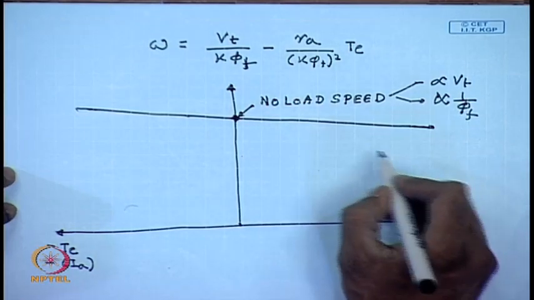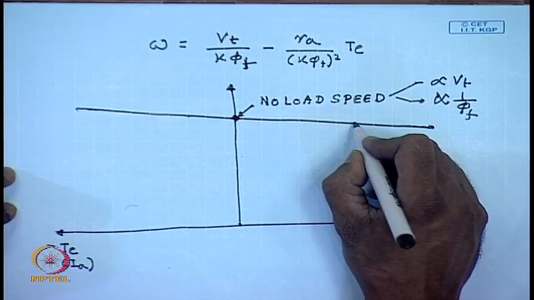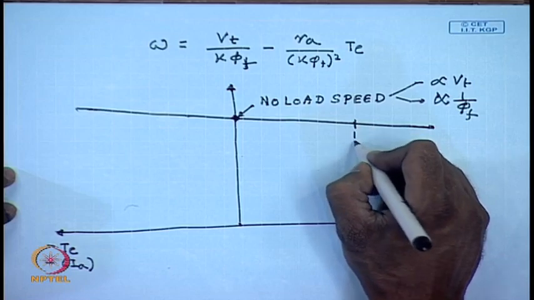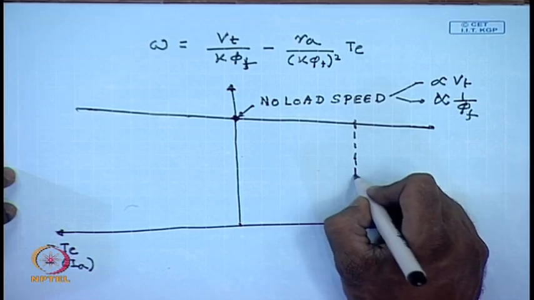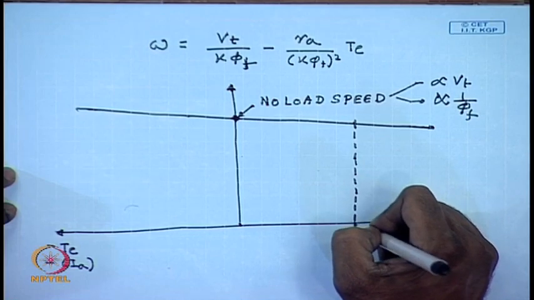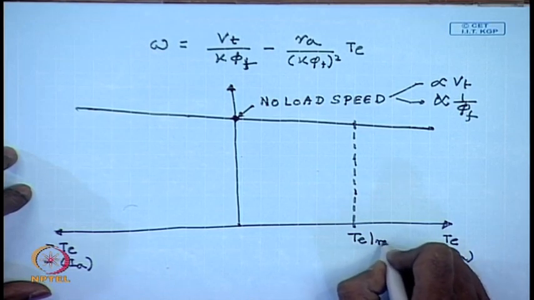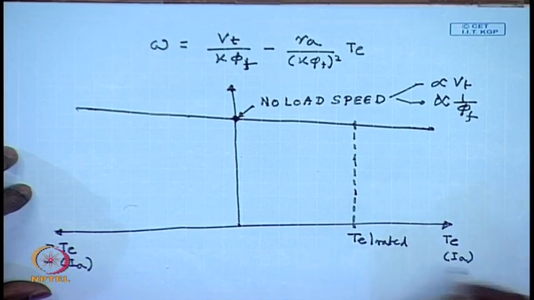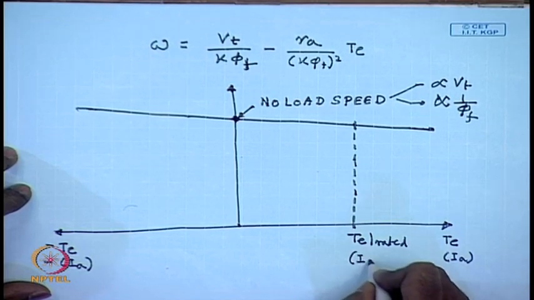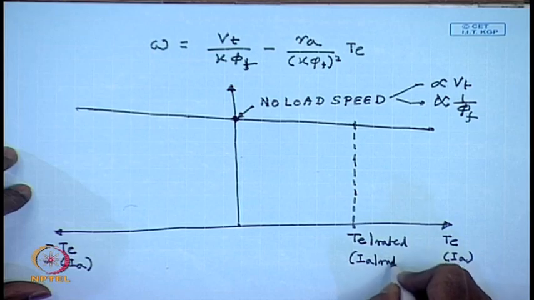This is the slope, and let us say this is the rated armature current and hence the corresponding Te rated, corresponding to Ia rated.